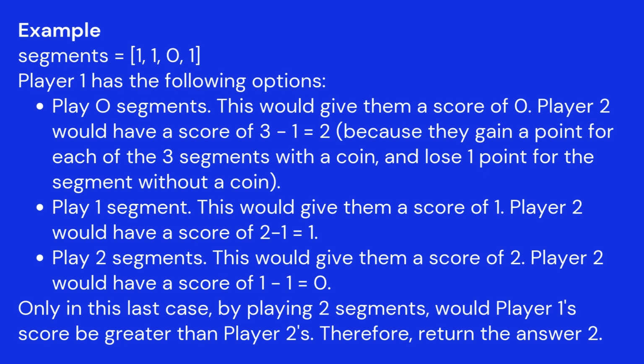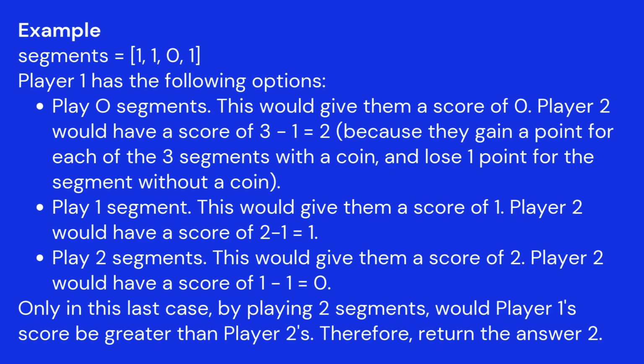Example: segments equals 1, 1, 0, 1. Player 1 has the following options. Play 0 segments. This would give them a score of 0. Player 2 would have a score of 3 minus 1 equals 2, because they gain a point for each of the 3 segments with a coin, and lose 1 point for the segment without a coin. Play 1 segment.